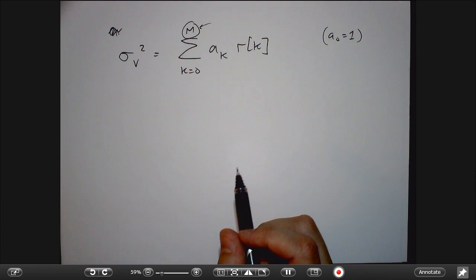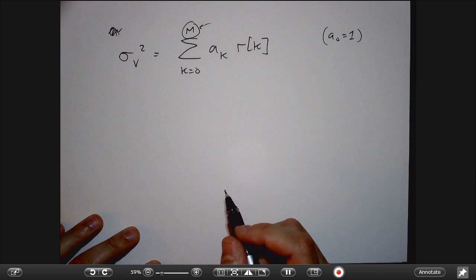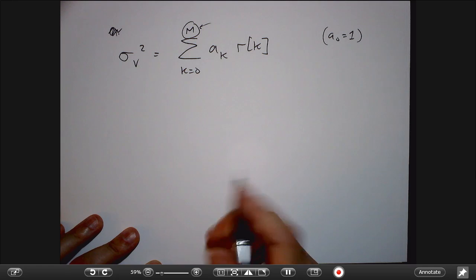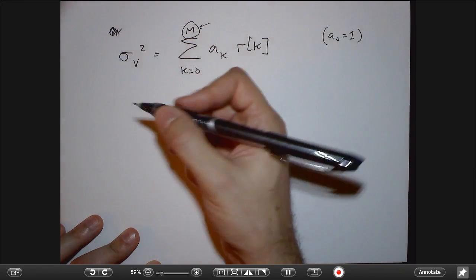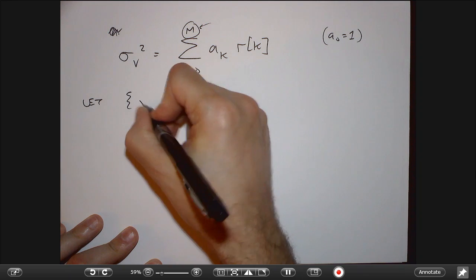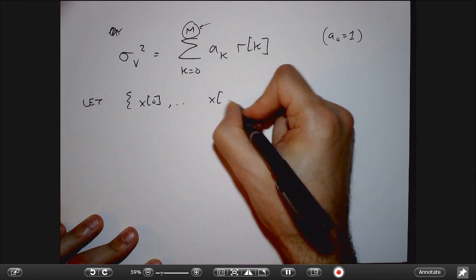So clearly things are going to get a better and better fit as I increase M, but in some sense there should be a point of no return. One way I think about this is, suppose I have all this data from some experiment that I do.